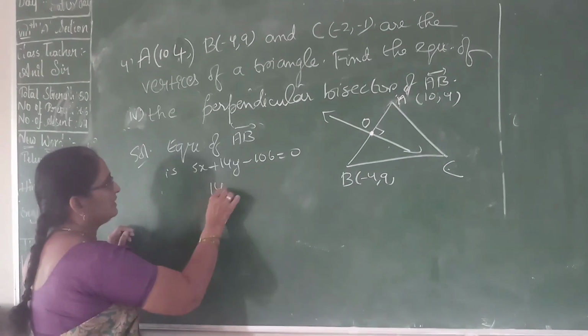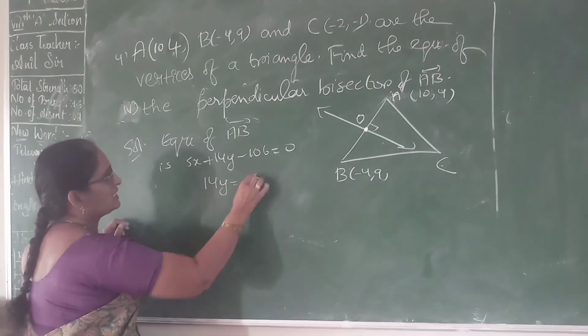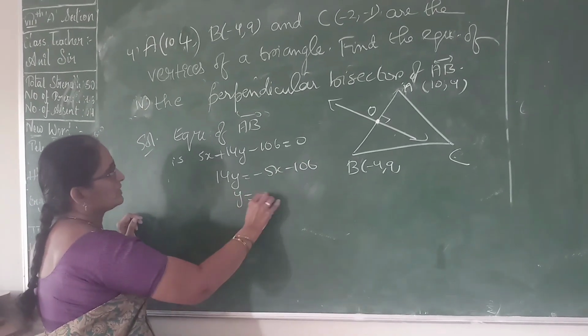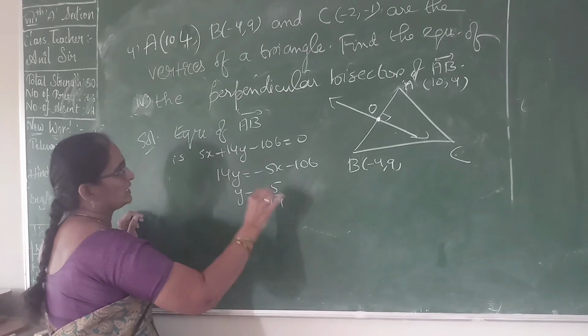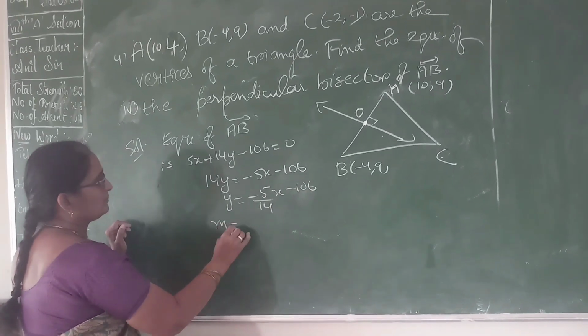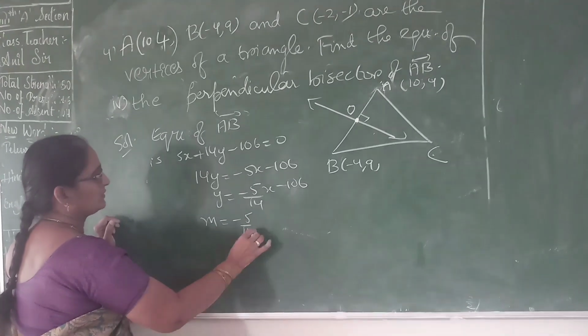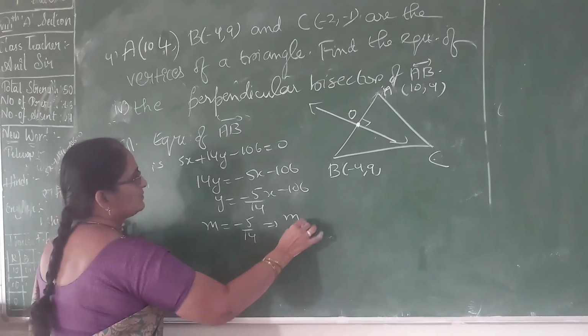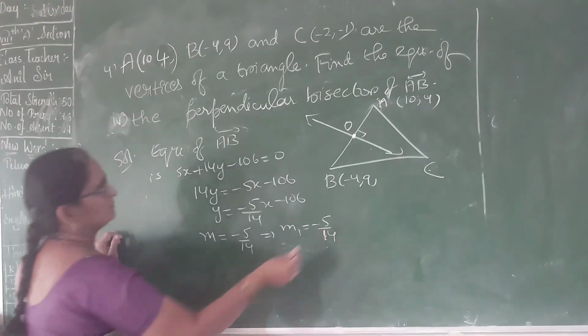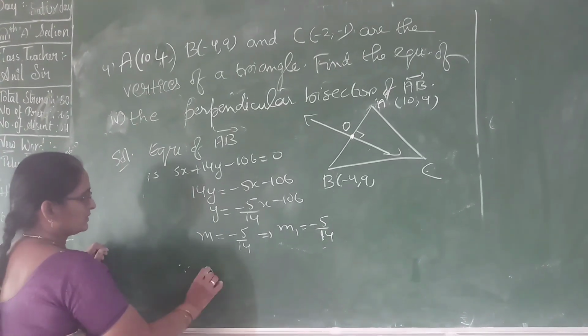So, 14y is equal to minus 5x minus 106. So, y is equal to minus 5 by 14 x minus 106. So, here what is m? m is equal to minus 5 by 14, which you write as m1 is equal to minus 5 by 14.